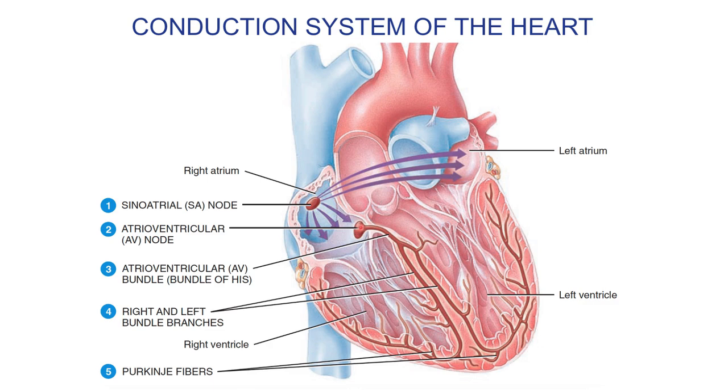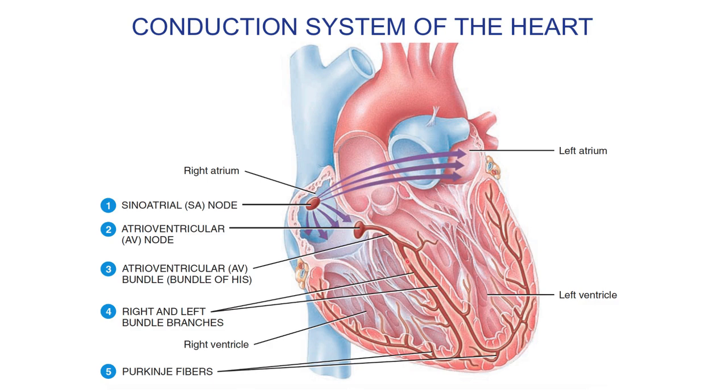and then the action potential will be generated again here and stimulated through what we call the bundle of His, or the atrioventricular bundle. Through the bundle of His, the action potential will be propagated in the interventricular septum, whereby it will divide into two bundles, called the left and right bundle branches.